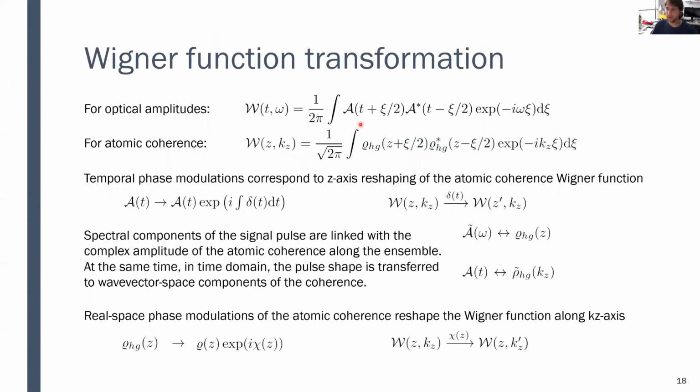So the language that we also like to understand this with is the Wigner function. So this is not the typical Wigner function that we use for quadratures of light. Rather, this is the so-called chronocyclic Wigner function, which is just a Wigner transformation of the slowly varying optical amplitude.